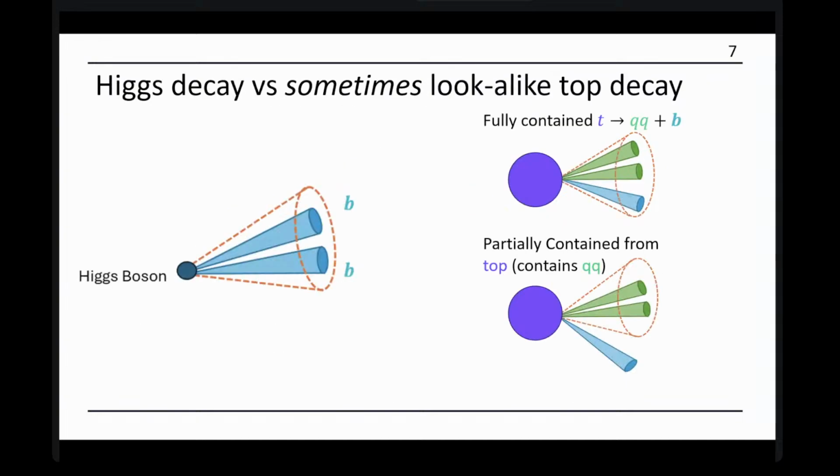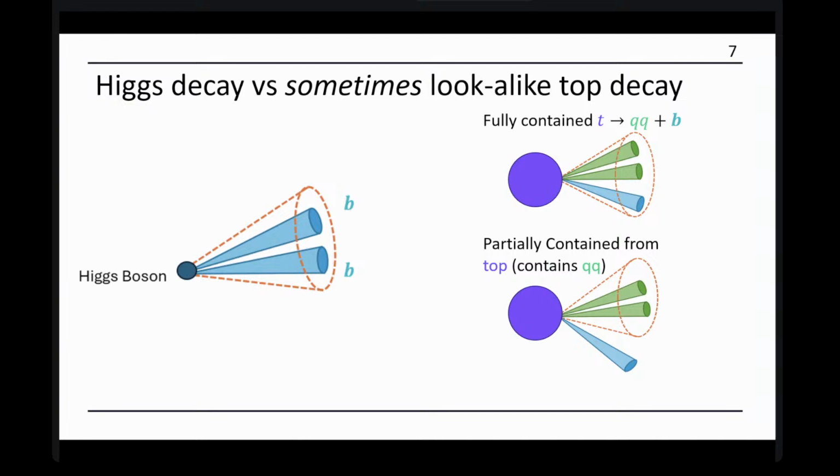So, cool. What does it have to do with this project? We're looking at the Higgs decay and the top quark background. The Higgs, again, decays to two B jets, and sometimes they overlap and make this large radius jet, so that's what the Higgs looks like as a large radius jet.